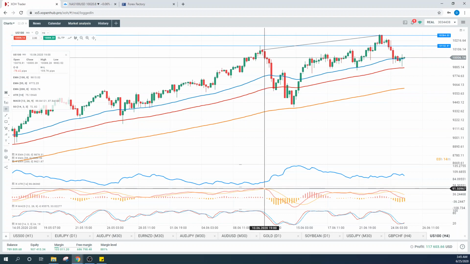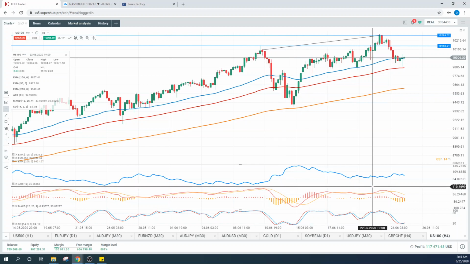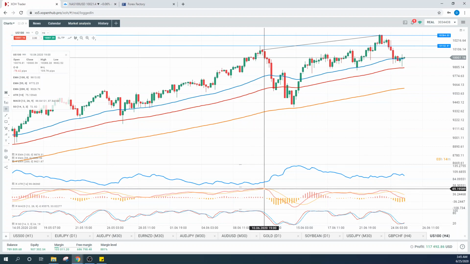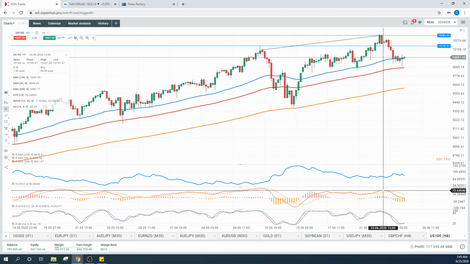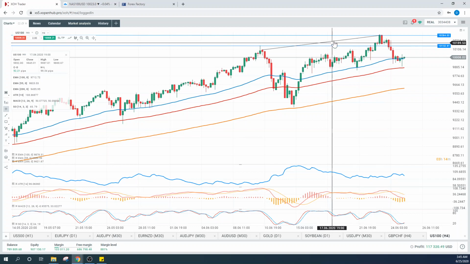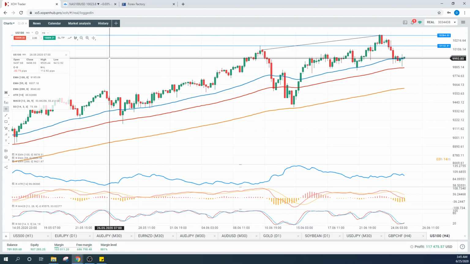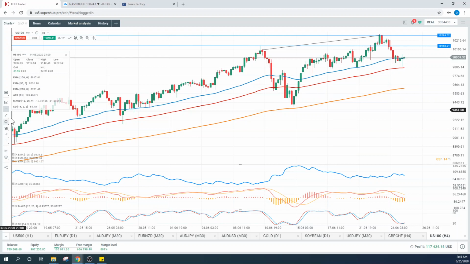On the MACD, which is moving average convergence and divergence, it looks different. The level which is lower becomes higher, the level which is higher becomes lower. So we have here a higher high changed to a lower low, sorry, higher low.